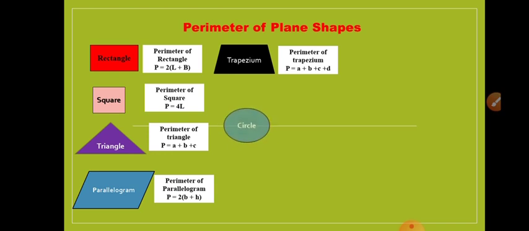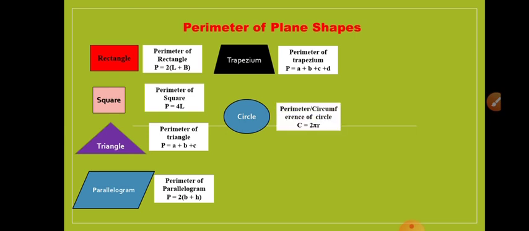The next one is circle. This one too, you can call it perimeter, but in the mathematical sense, we call it the circumference of a circle. It's still the same thing. It's just a measurement around that circle. It has a formula, and that is 2 pi r.